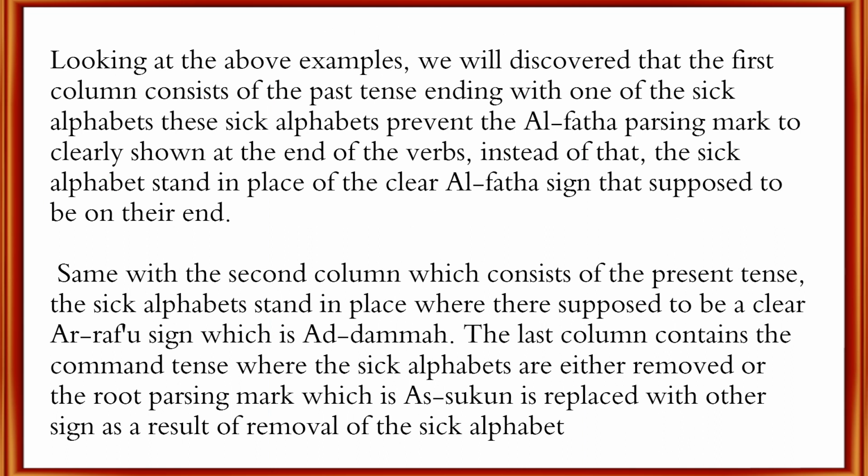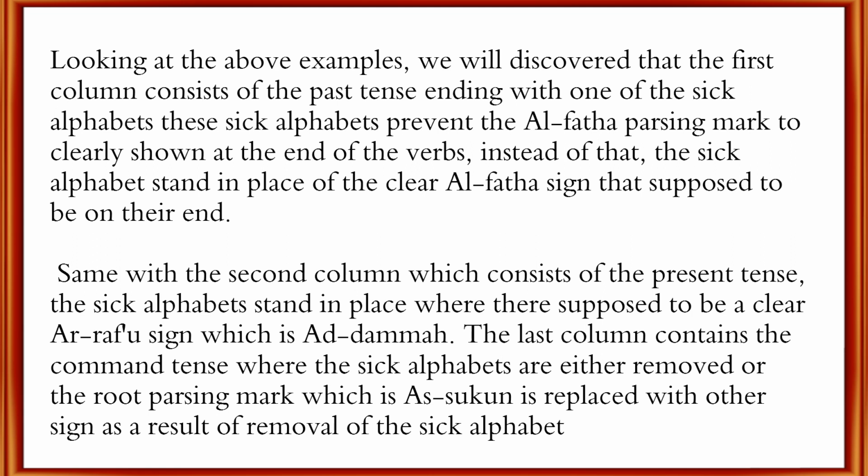Looking at the above examples, we would have discovered that the first column consists of the past tense ending with one of the sick alphabets. The sick alphabet prevents the al-fatha parsing mark from being clearly shown at the end of the verbs. Instead, the sick alphabet stands in place of the clear al-fatha sign that is supposed to be at their end.